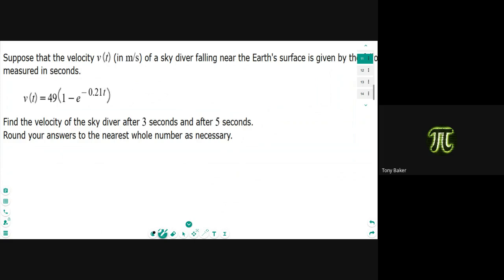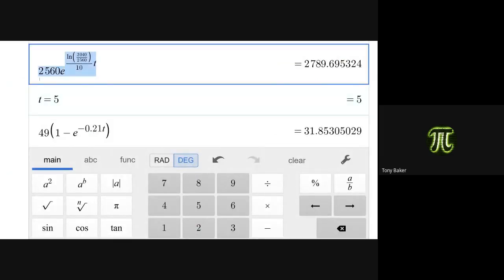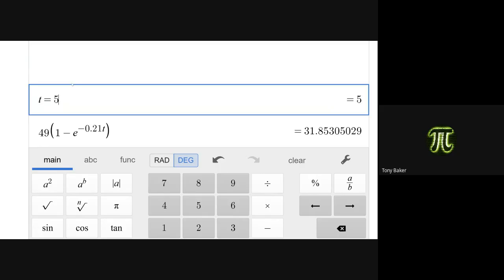These are the two values that I got. So 3 and 5. This works well until you either go splat or you open your parachute.